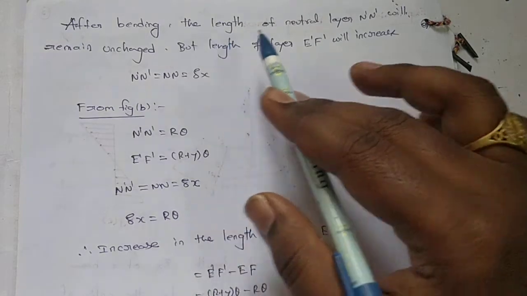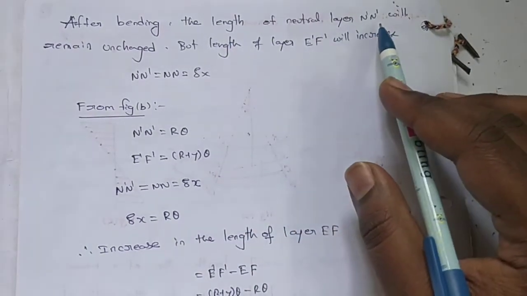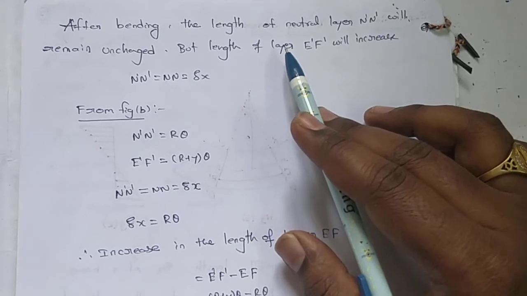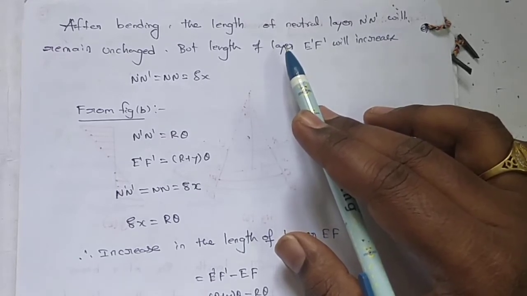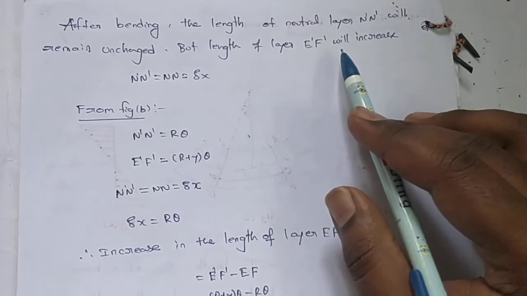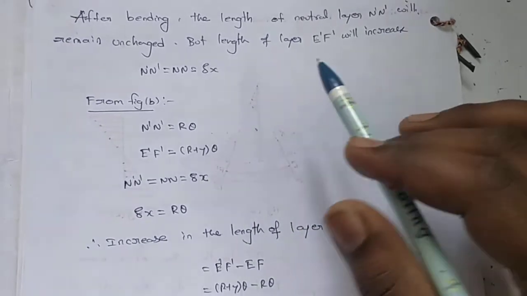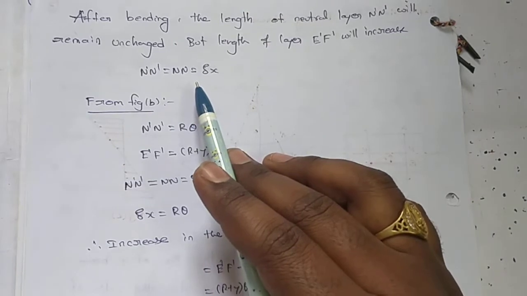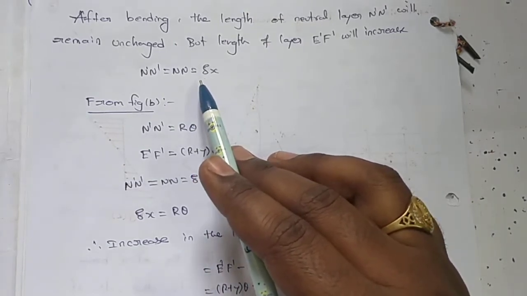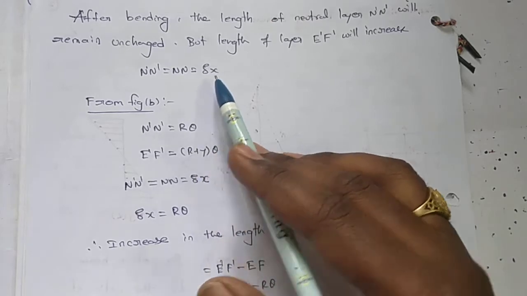After bending, the length of the neutral layer N dash remains unchanged. There is no change in length before and after bending at the neutral axis, but the length of the layer E dash F dash will increase. That is, N dash equals NN equals delta x, the length of the neutral layer.